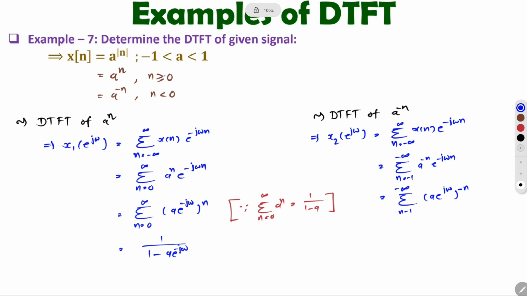Now for 0 to infinity, we have the basic equation. So if you want to convert this into the form with range from 0 to positive infinity, we need to simplify this range by replacing n with minus n, which converts the range from minus 1 to minus infinity into plus 1 to plus infinity.